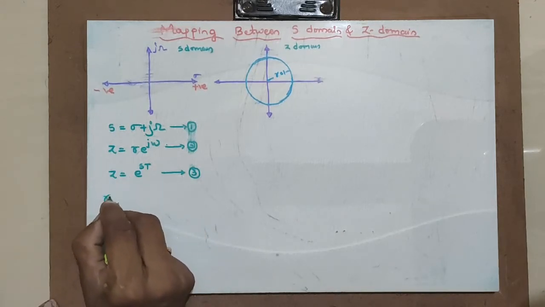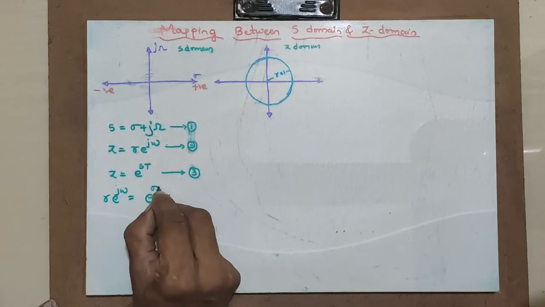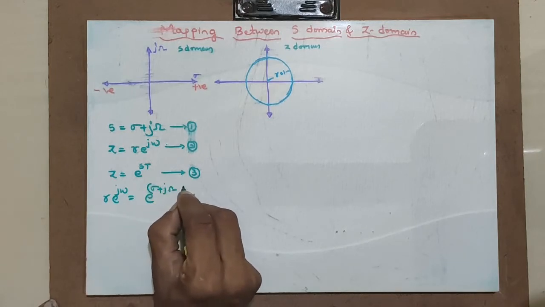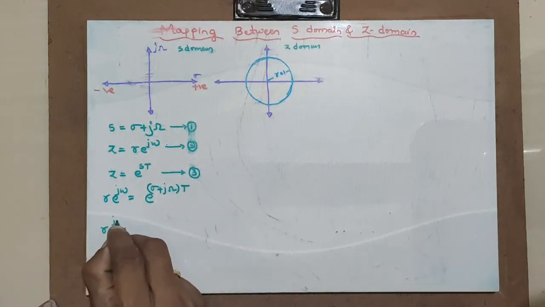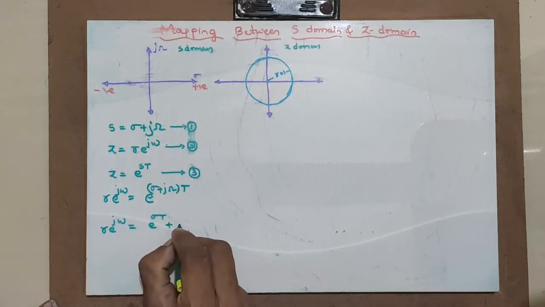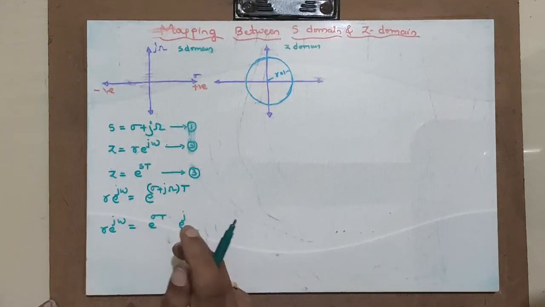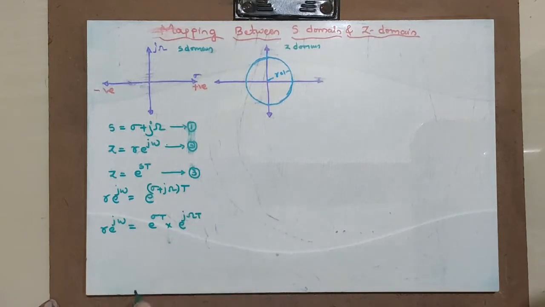Z is equal to r e raised to jw, e raised to s, where s is equal to sigma plus j omega, into T. If I expand this, r e raised to jw is equal to e raised to sigma T into e raised to j omega T. Comparing both sides, r becomes equal to e raised to sigma T and w becomes equal to omega T.